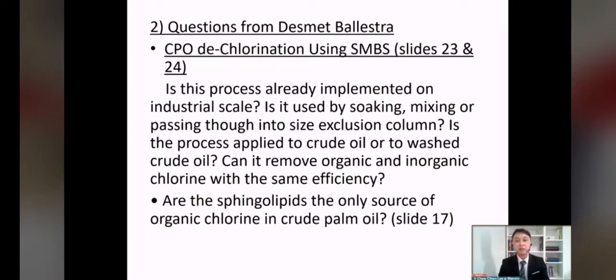But we believe we cannot solely focus on sphingolipid only, and we need to check on other OCs in general. To understand 3-MCPD formation, our general principle is that as long as the oil contains any chlorinated compounds, it will affect the 3-MCPDE formation.